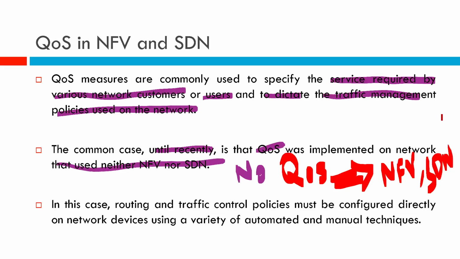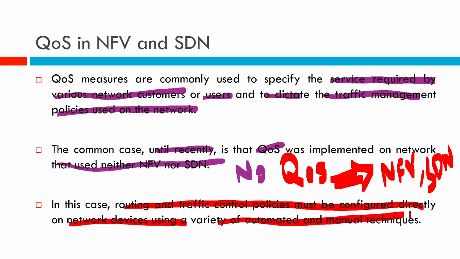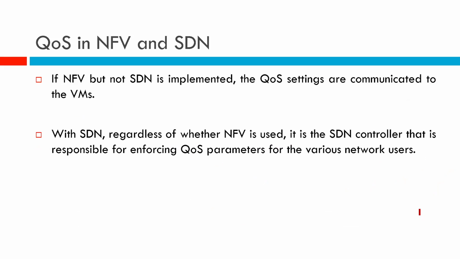In this case, routing and traffic control policies must be configured directly on the network device using a variety of automated and manual techniques.